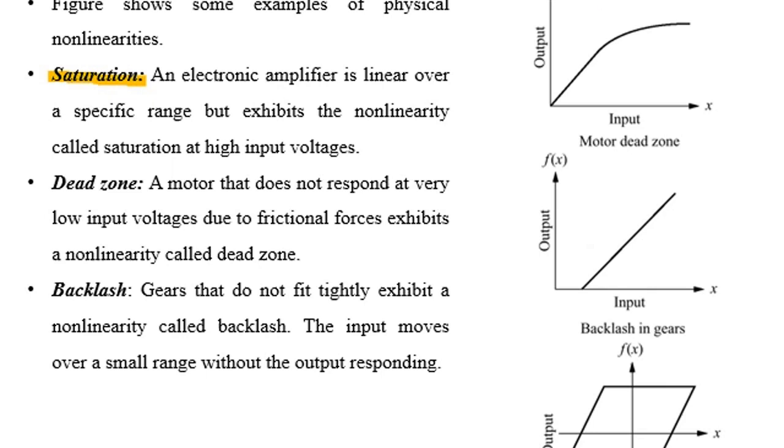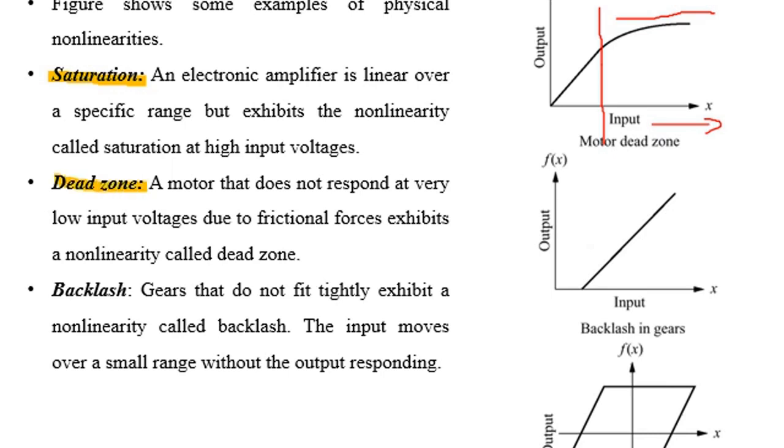If you look at the graph of an amplifier, for a certain range of input, you will get a linear amplified output, but when you exceed the operating range, its output becomes saturated and the system response is no more linear. And this occurs for high input voltages.